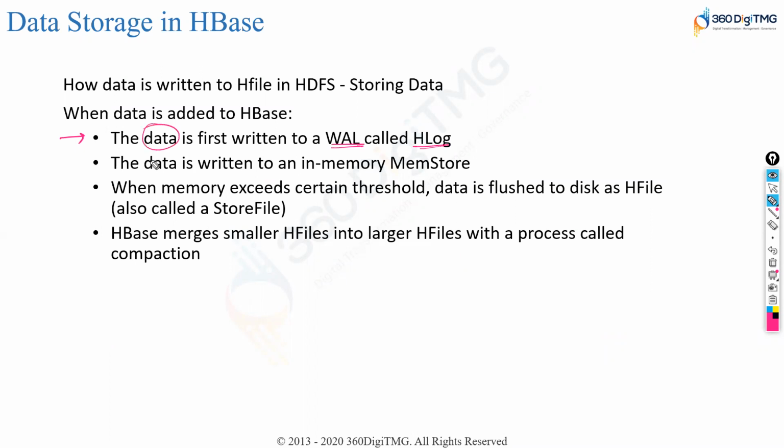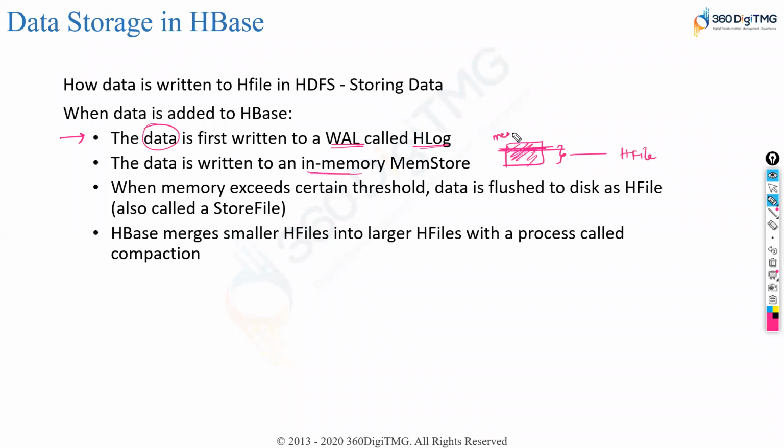Then the information that you want to update on your HBase is first written into memory. That memory is called the MemStore, memory store. Now this MemStore is of fixed size. When this MemStore reaches a certain threshold, maybe 80% or 85%, the entire data it contains is pushed into a physical file.